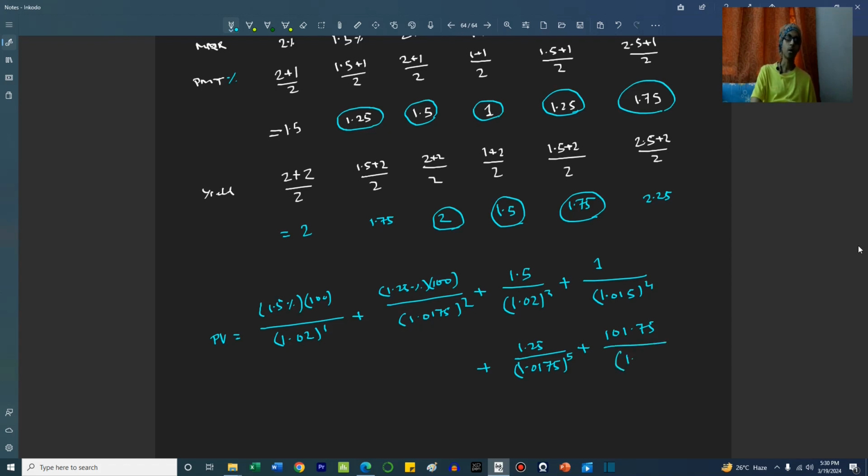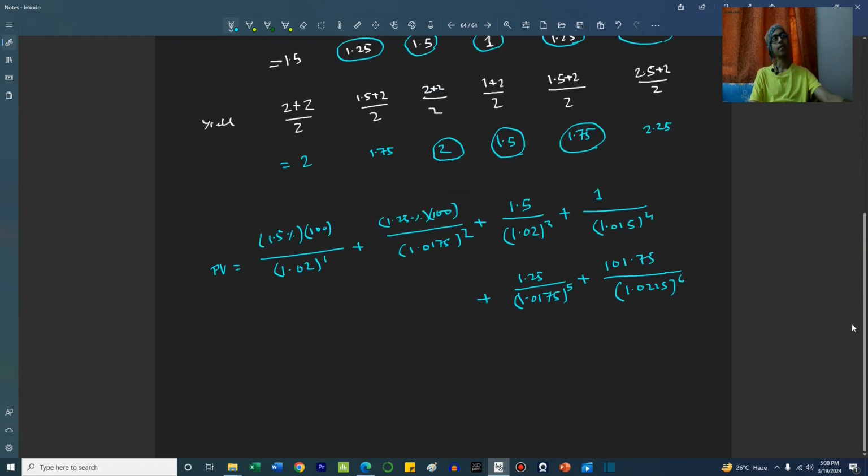This is 1.0225 whole to the power 6. See, there are 6 periods, 3 years of maturity and periodicity of 2. So we are on track. Now we just need to calculate the values.